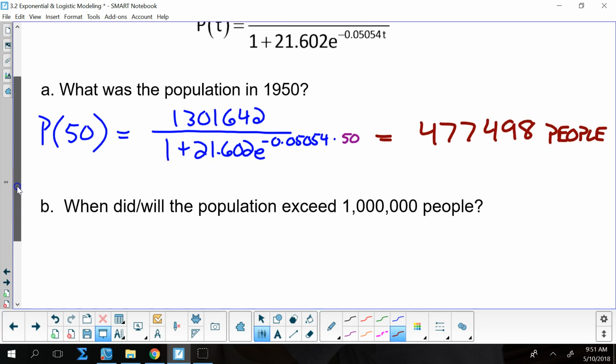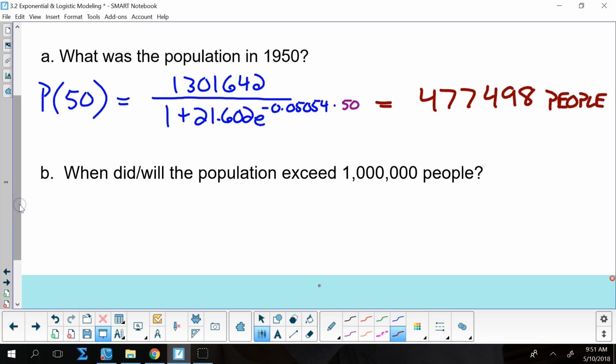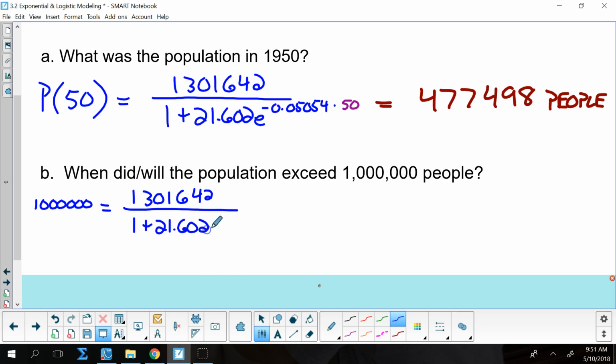Algebraically, if we solve it, okay, so then we would say 1,000,000 equals 1301642 divided by 1 plus 21.602 e to the negative 0.05054 x power.